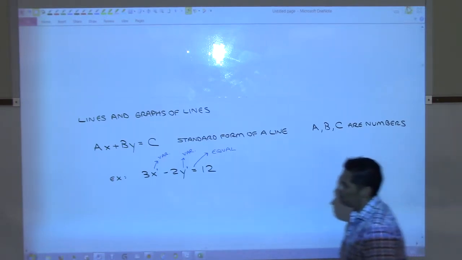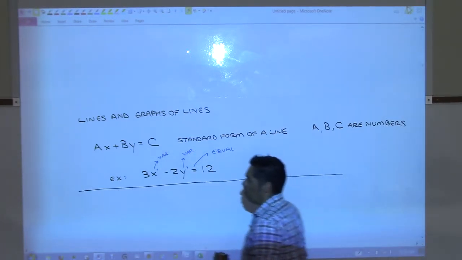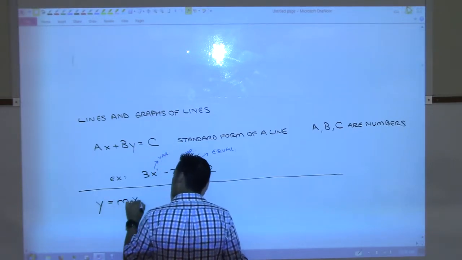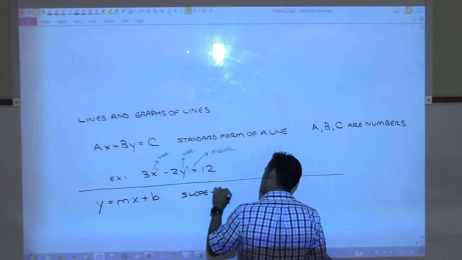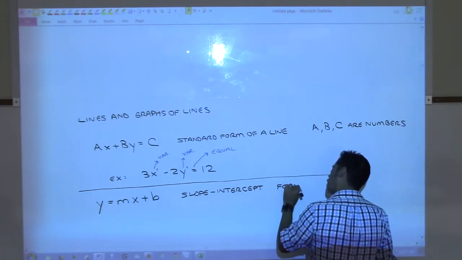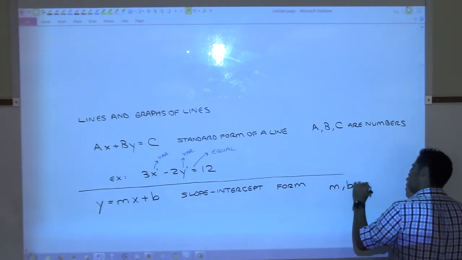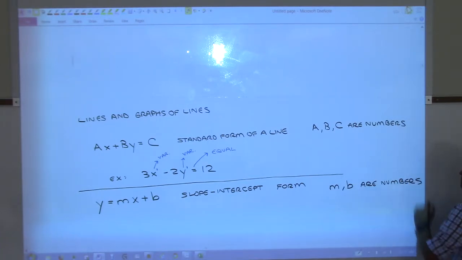And then we have another form, which we like to work with, and this one is called the slope-intercept form. So if you see something that looks like this, y equals mx plus b, this is called the slope-intercept form. And for this one, m and b are numbers. So do we still have an equal sign there in that slope-intercept form?